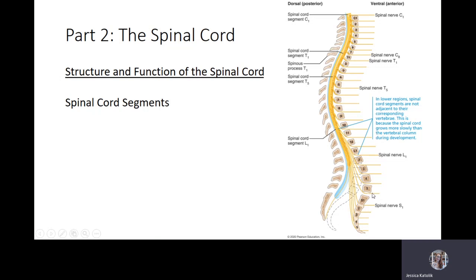So let's say we take the L5 spinal nerve. We're actually going to have to follow that nerve up, and it's going to be a little bit higher up on the spinal cord. So the segment will be more superior than where the spinal nerve actually will exit out of the vertebral column. So just so you know.